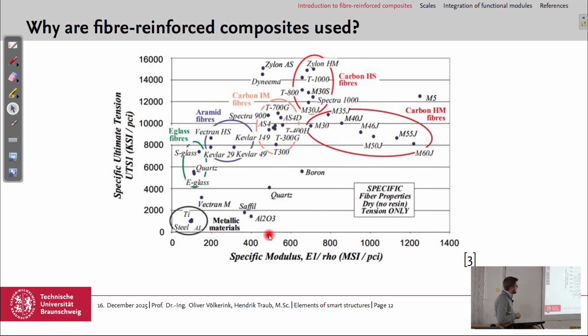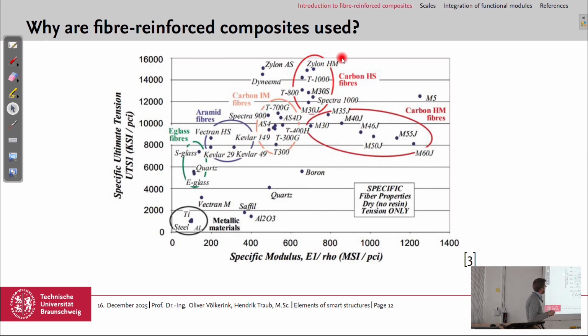This is a similar diagram, but now the axes are exchanged. So we have here the specific modulus, modulus divided by the density, and here's the specific strength. And here you can see that metal materials have nearly the same specific properties. Steel compared to aluminum, compared to titanium.